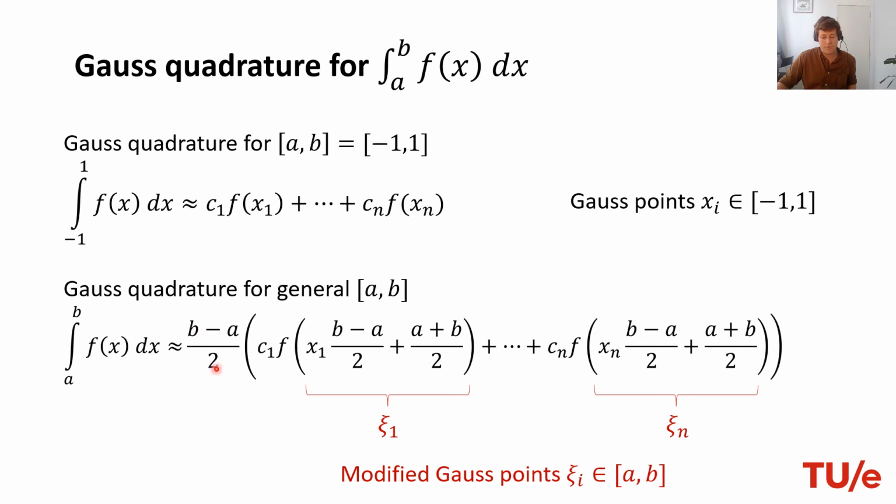So that's this factor over here. The weights still stay the same, but the Gauss points are modified. They are rescaled with this new width of the interval from a to b, and they are shifted such that they have a center point (a plus b) over 2 and not a center point of 0. So this will give you these modified Gauss points, let's call them psi, which lie in the interval from a to b. This might be very abstract at this point, but it will become much more clear when we apply this to an example.